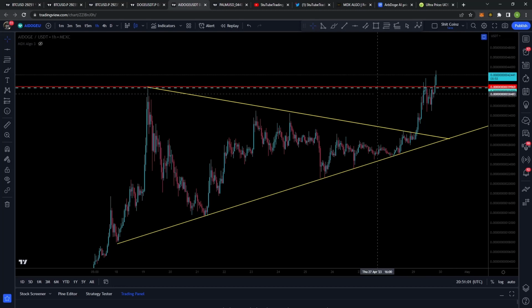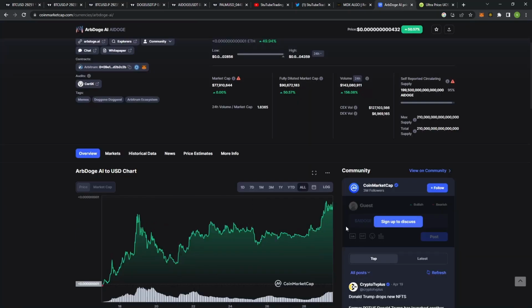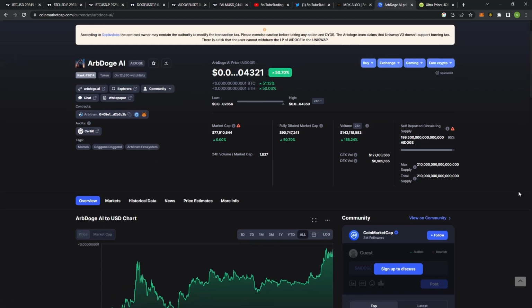I would love to let this run and catch a massive breakout because even looking at CoinMarketCap here, this is the all-time high back here. Look how we're consolidating on this line graph here. Just basically looks like we're bull flagging on top of this resistance. I just had to pull the trigger on a little bit of a long there. And that's on, what is it, MEXC? That exchange?